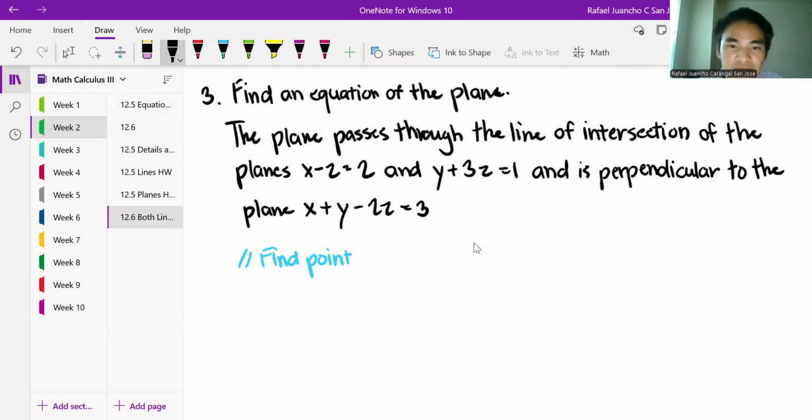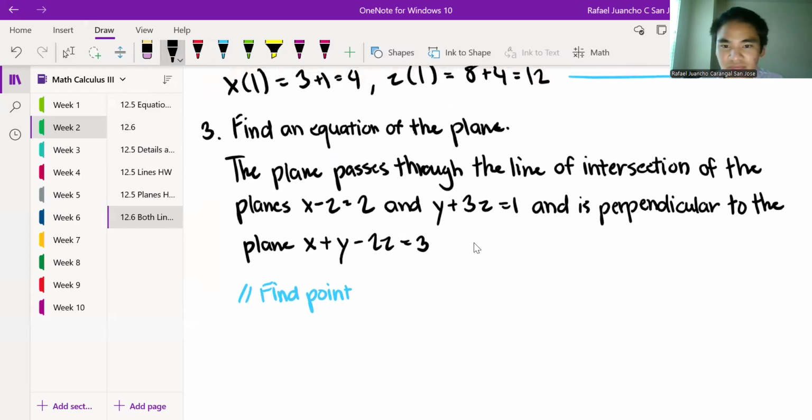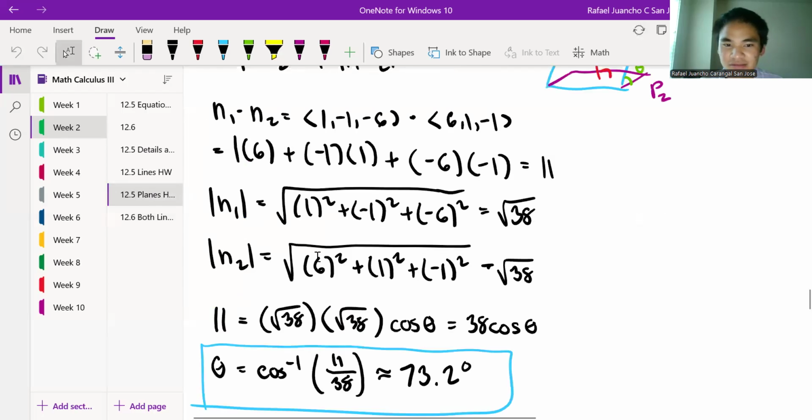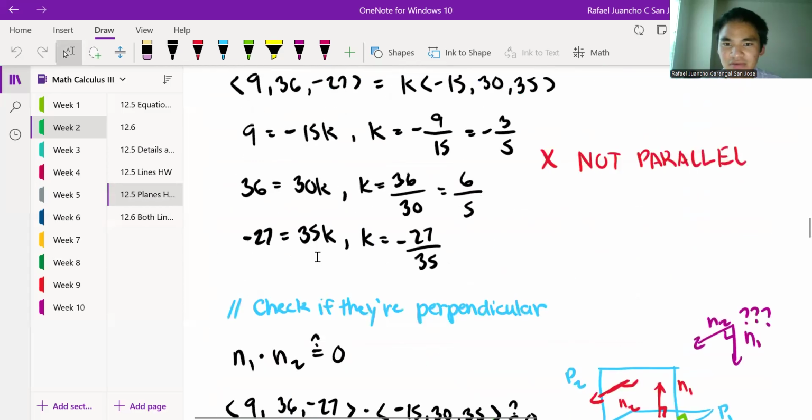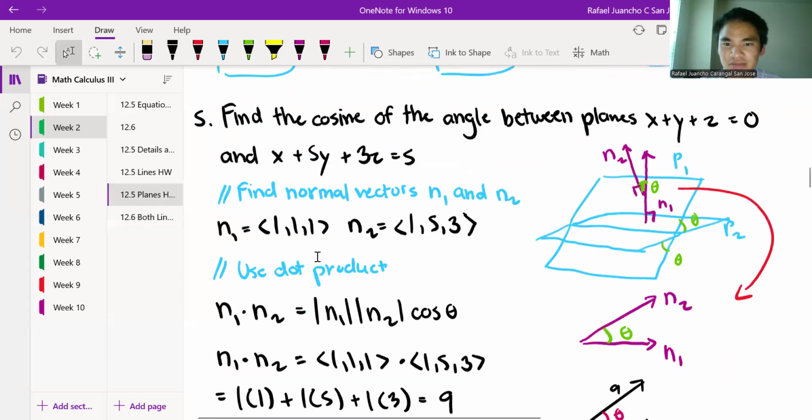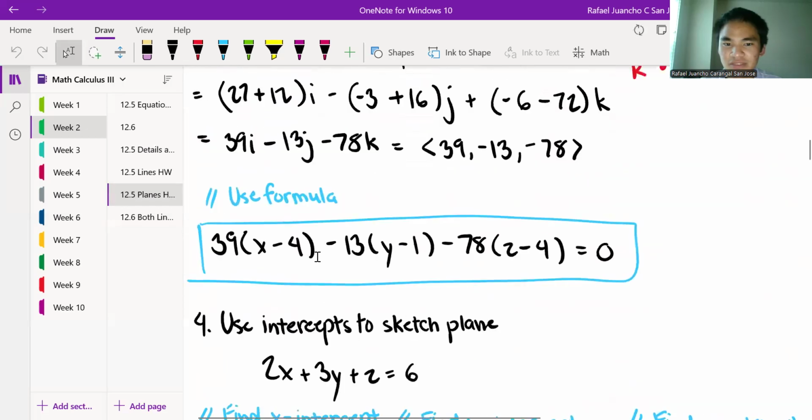Well, it passes through the line of intersection of these two planes. Pretty sure we had something like that. A line that intersects two planes.